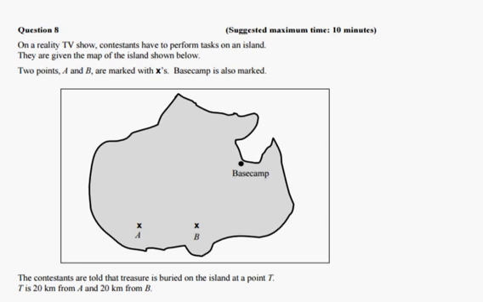Question 8. On a reality TV show, contestants have to perform tasks on an island. You skip 7, 7 is a probability question. They are given a map of the island shown below. 2 points A and B are marked with an X on the map.